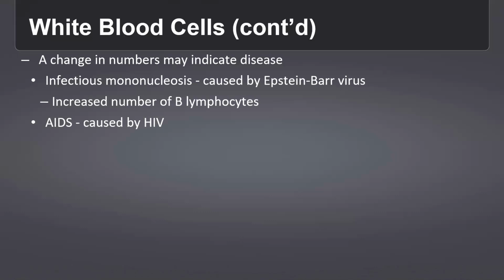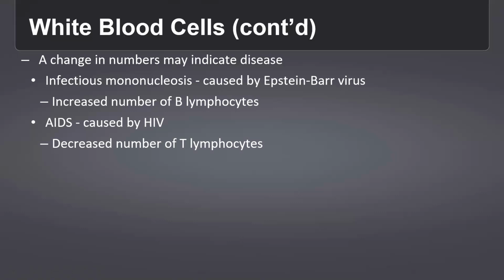AIDS is caused by HIV, which is a human immunodeficiency virus, which basically is a decreased number of T lymphocytes or T cells. AIDS itself stands for acquired immunodeficiency syndrome, and it's a syndrome that you acquire caused by HIV, a virus.